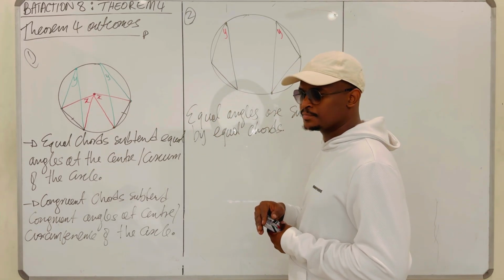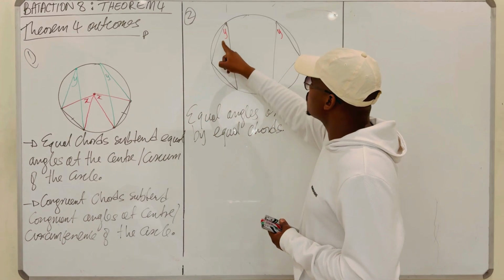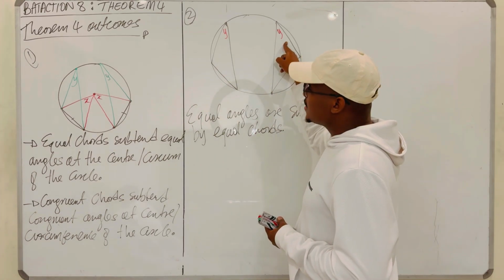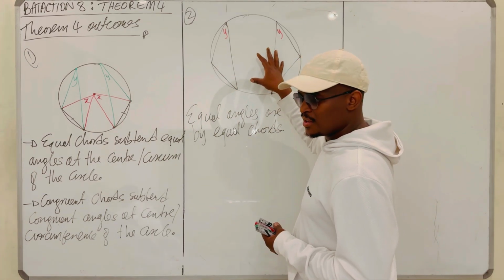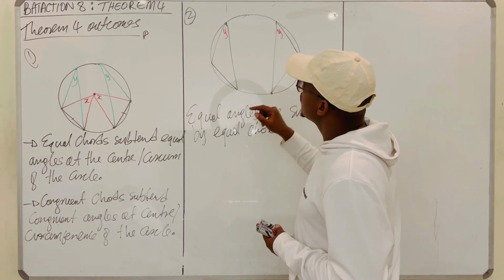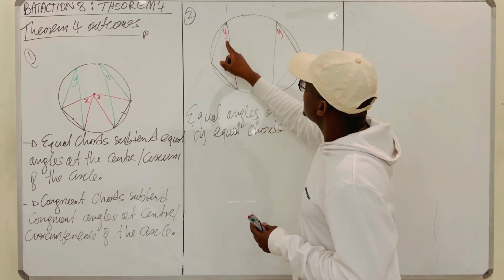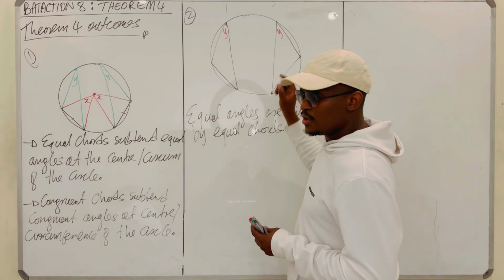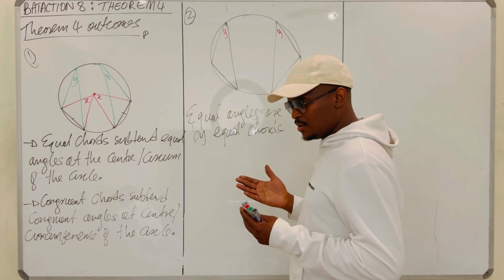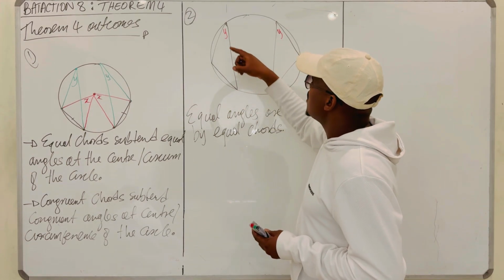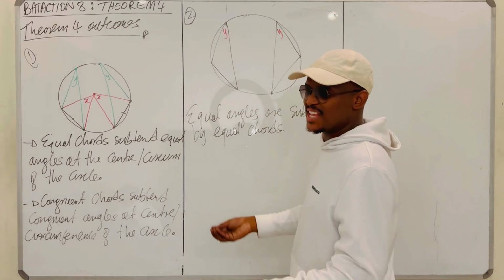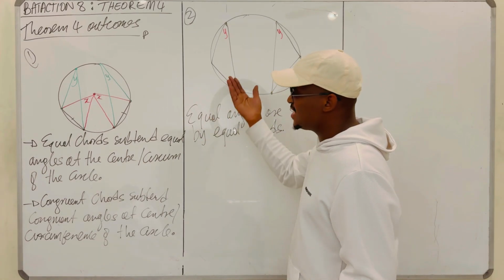I'm saying, you see two angles. This is one circle, a single circle. So what I'm saying is, if both of these two angles are equal, you would think it would be nice if they were subtended in the same segment. But they're not the same segment.